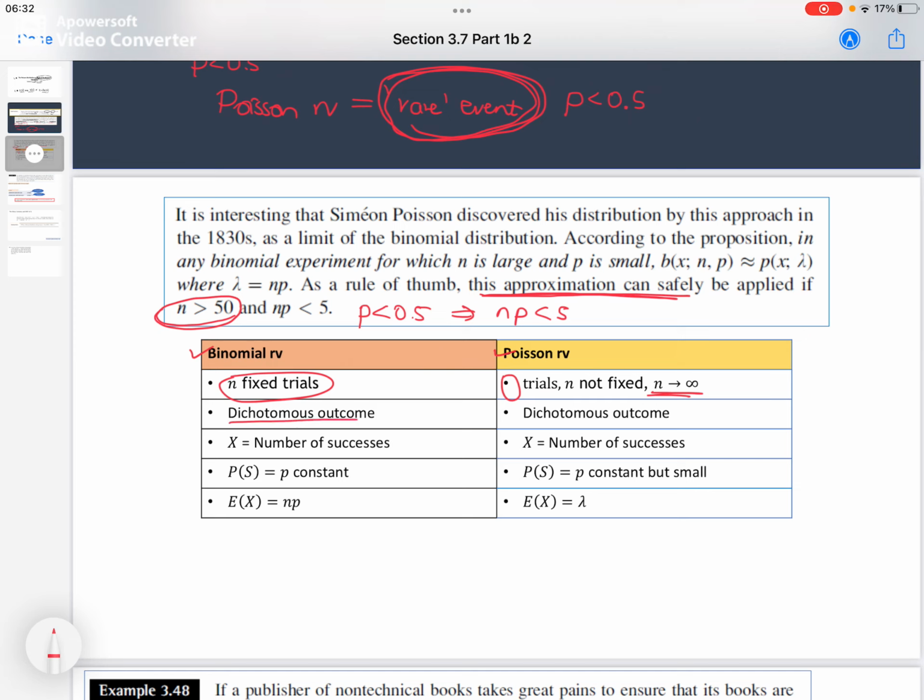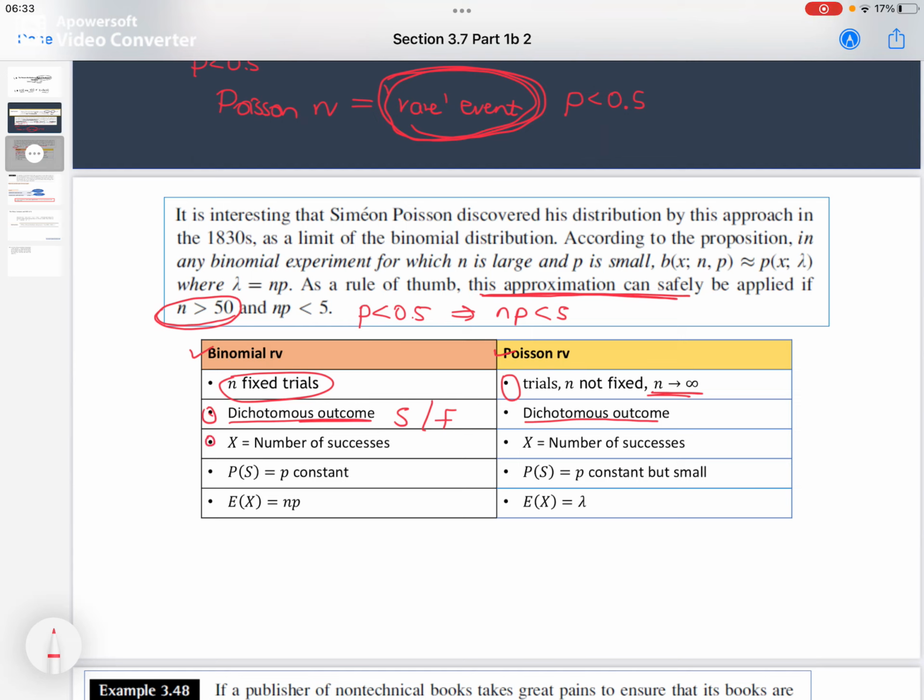For the binomial random variable, we have a dichotomous outcome for each trial, or every time we repeat the experiment. The same goes with the Poisson. We have a dichotomous outcome, meaning every time we repeat the experiment, you either have success or failure, or true or false, or yes or no.